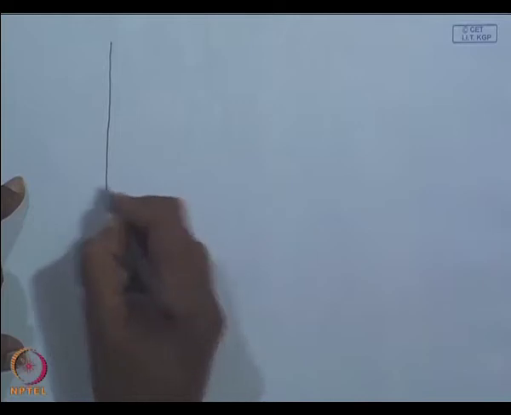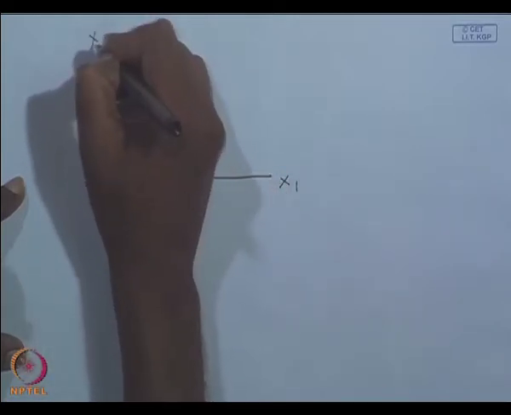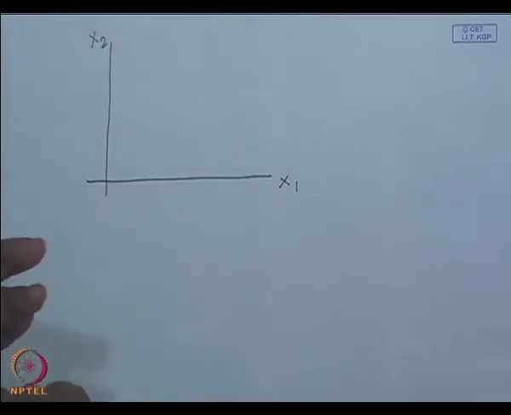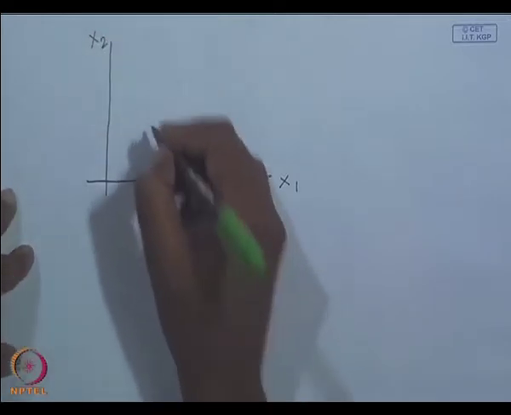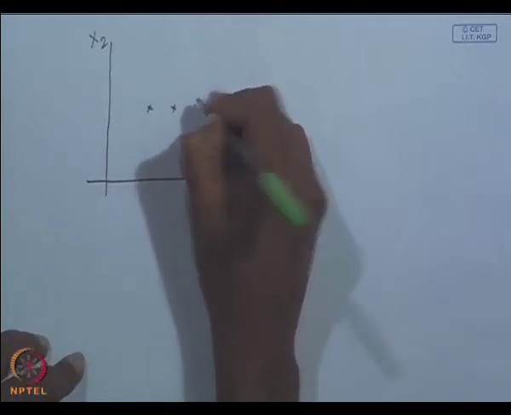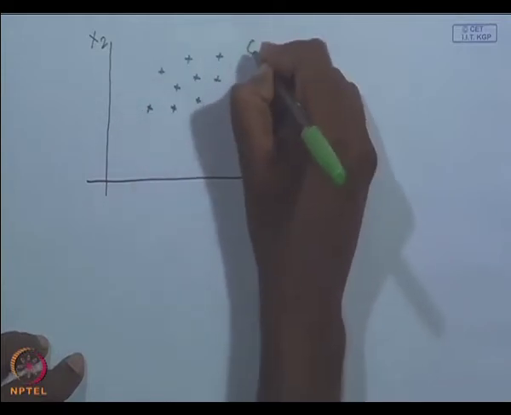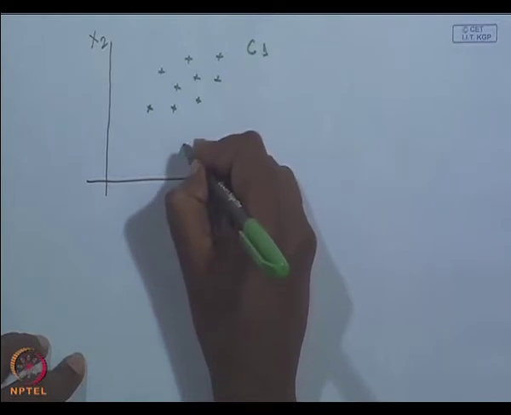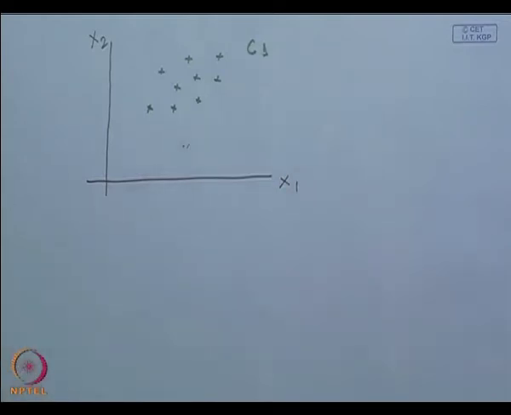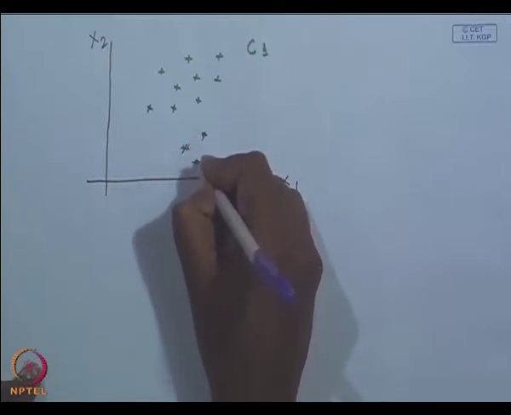To explain what a support vector is, I simply go to my 2-dimensional example. So, I have 2-dimensional vectors x1 and x2. I have a set of feature vectors from, say, class C1, which is like this. And I have a set of feature vectors coming from class C2, which I put in this form.